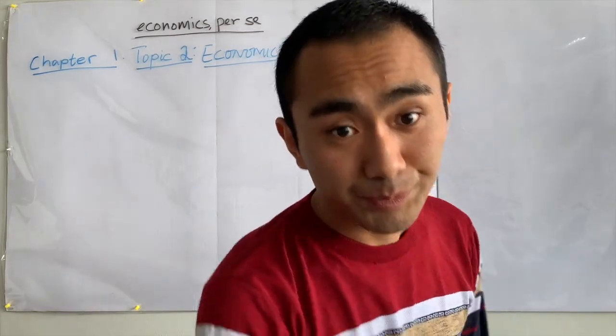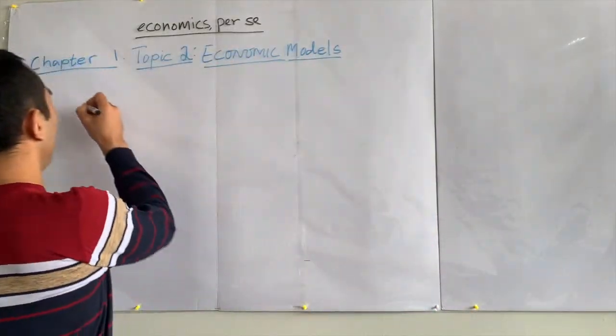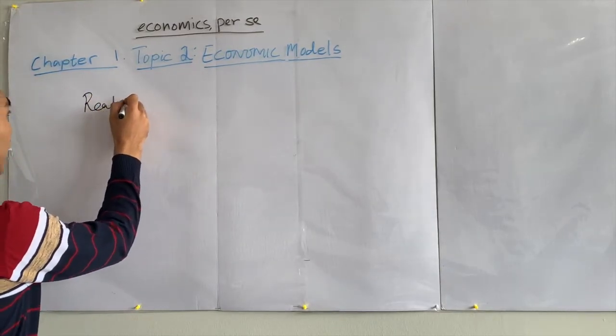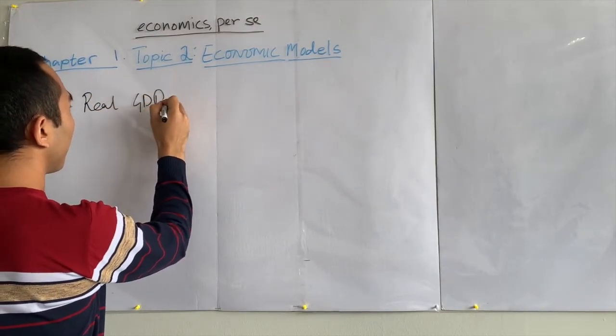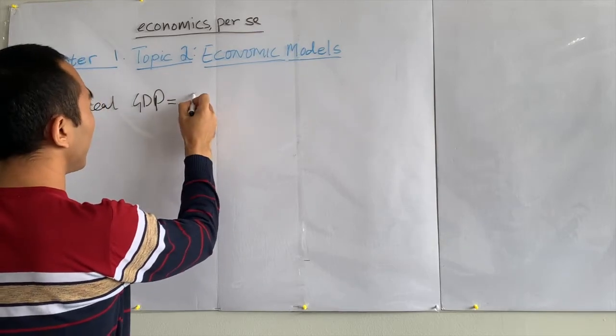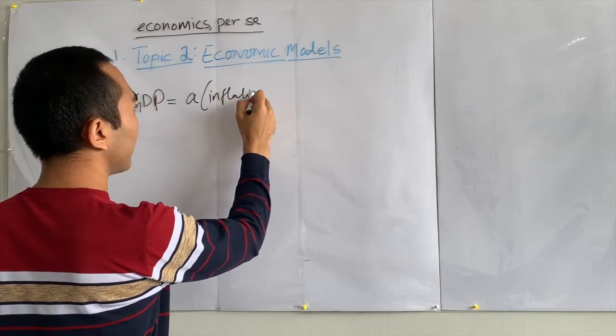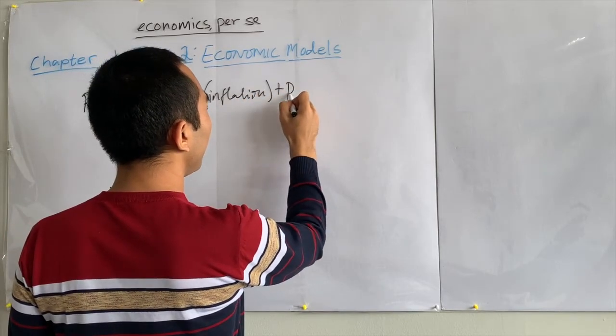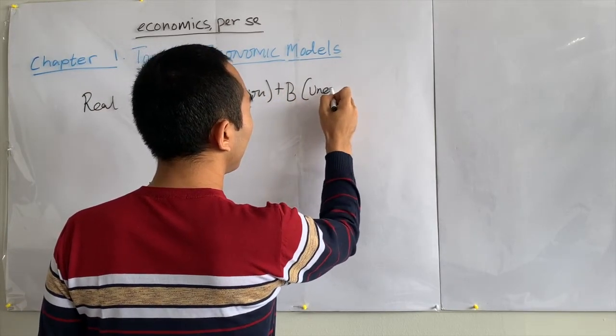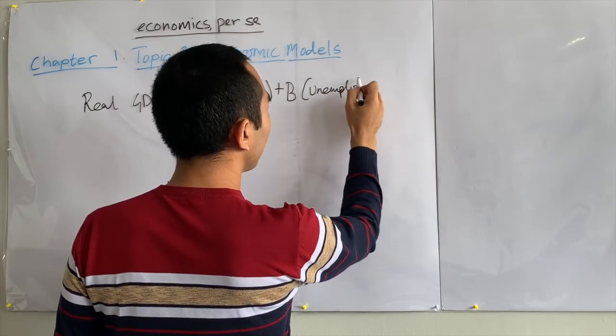For example, this model, where real GDP is considered equal to A, inflation, and B, unemployment.